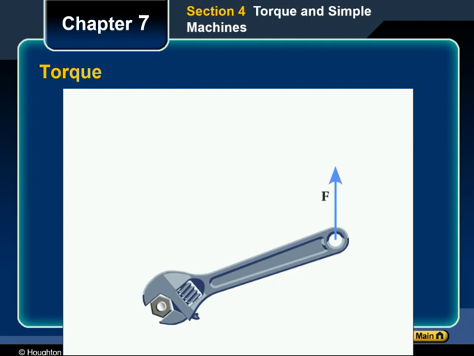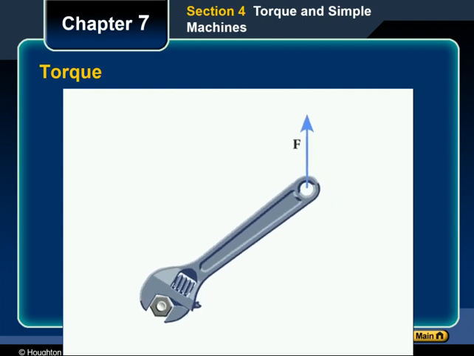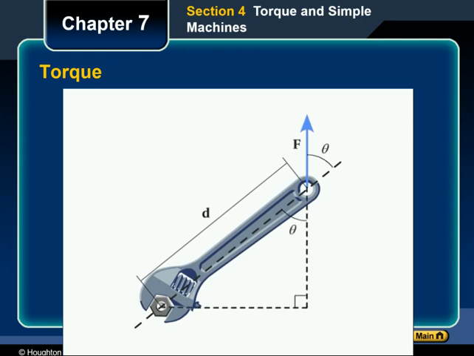Torque is a quantity that measures the ability of a force to rotate an object around an axis. When you use a wrench to loosen a bolt, the magnitude of the torque on the bolt depends on the magnitude of the applied force and the length of the lever arm. The length of the lever arm is determined by the angle theta.